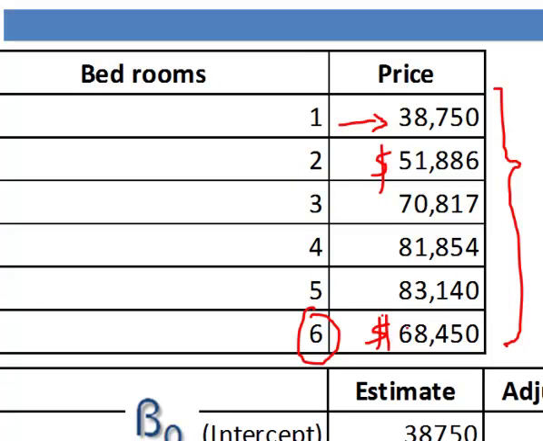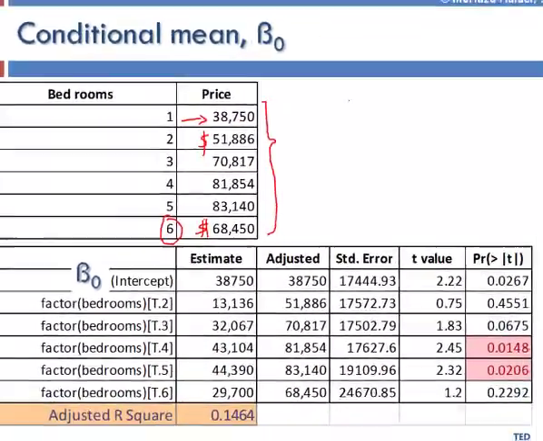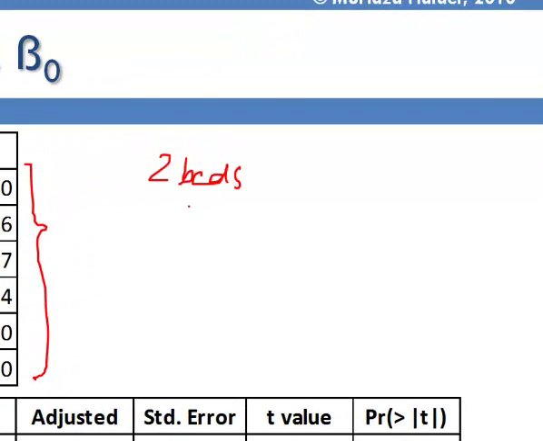Now, what is conditional mean? Let's say I create 5 dummy or binary variables. So let's say if a house has 2 bedrooms, I call that variable 2 beds. And if the first house has 2 bedrooms, I say 1, and the next one has 3 bedrooms, so this variable would become 0.